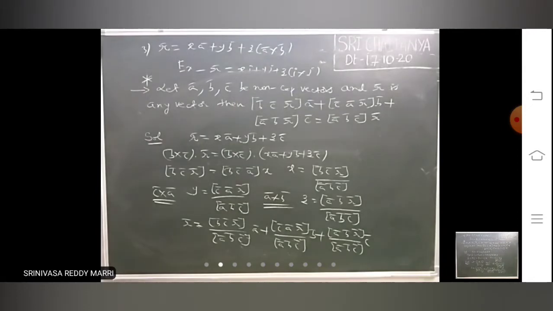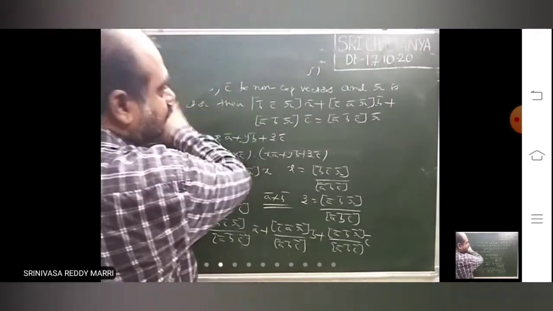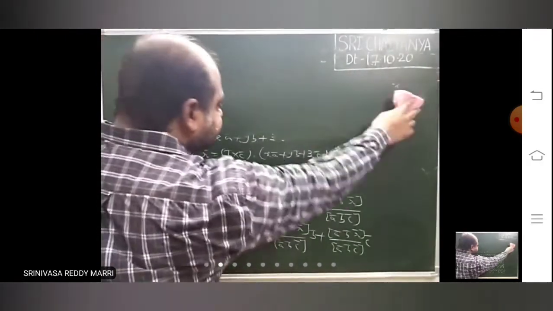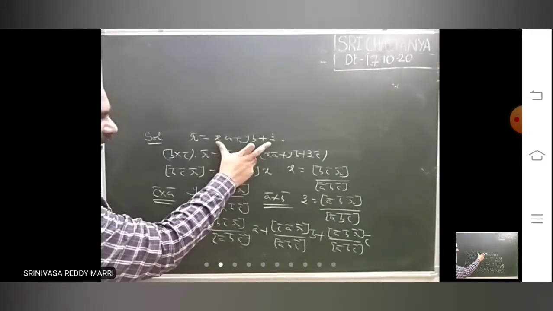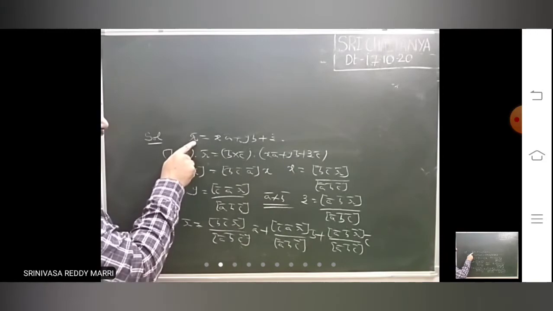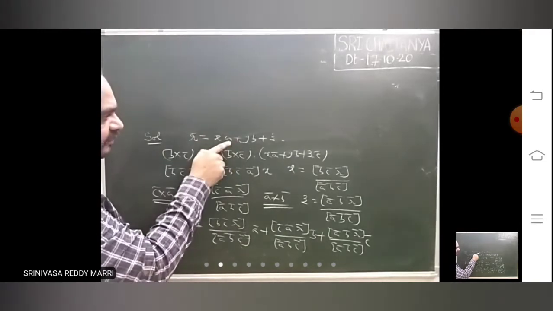You can use this result whenever you get it. Look at how this result can be used. In some cases, problems will be like he will give a vector, and X, Y, Z will be in the answers. Just do dot product on both sides.